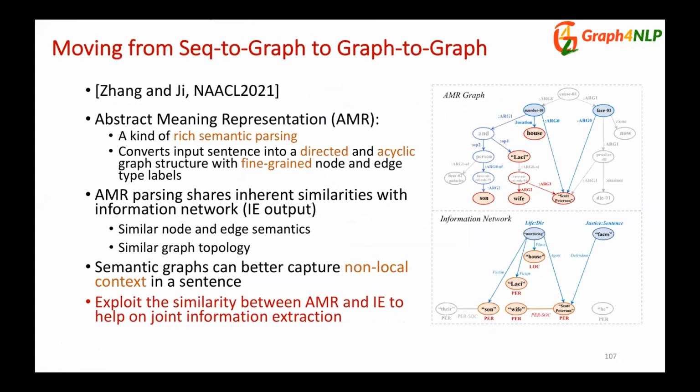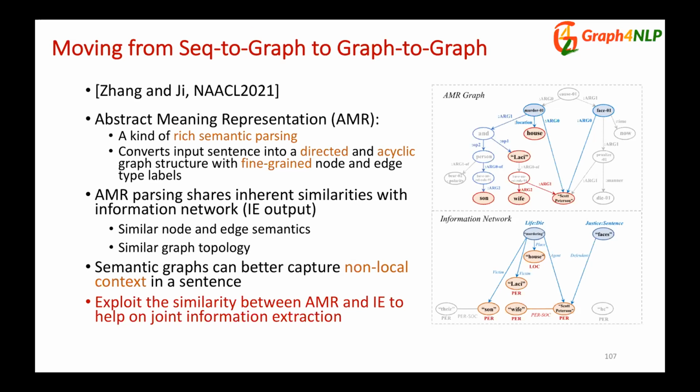At the same time, my student Zixuan Zhang also had an EMNLP paper. It's also about graph-to-graph encoding and decoding. The only difference is that instead of constructing a span graph, we are trying to leverage an existing symbolic representation, such as semantic parsing.